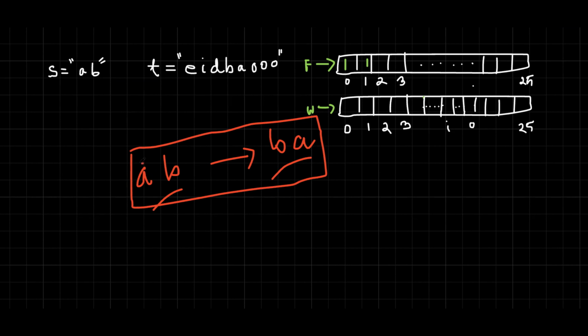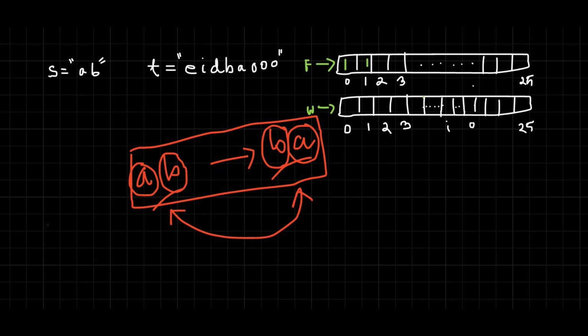Here the frequency of A is 1 and the frequency of A is 1 here, and the frequency of B is 1 here and the frequency of B is 1 here. So we can say that both strings are permutations of each other, but it may be possible that the order is different.